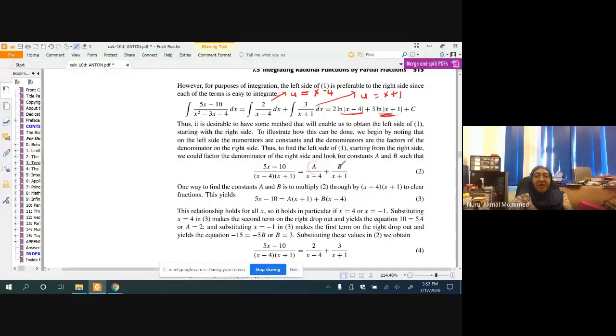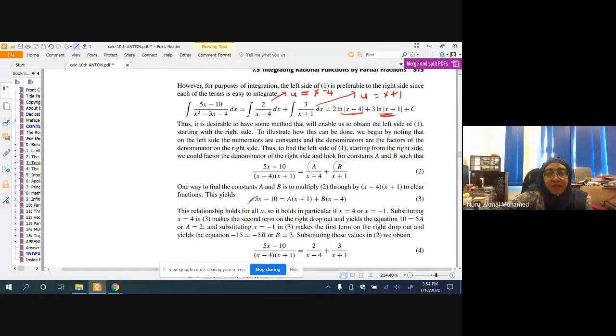Now we are trying to find the values of A and B. You multiply both sides with the denominator, and you will get 5x minus 10 equal to A(x plus 1) plus B multiplied by (x minus 4).